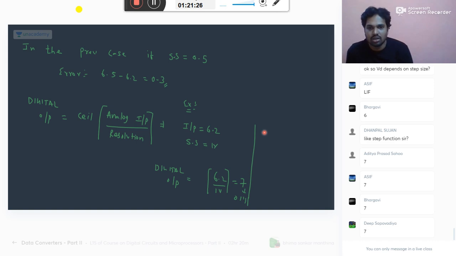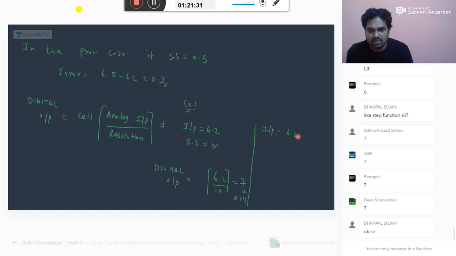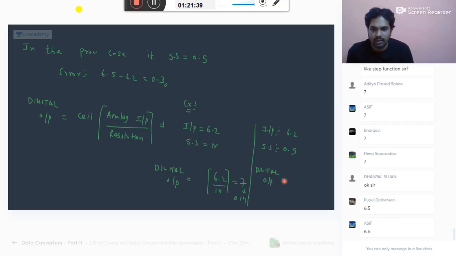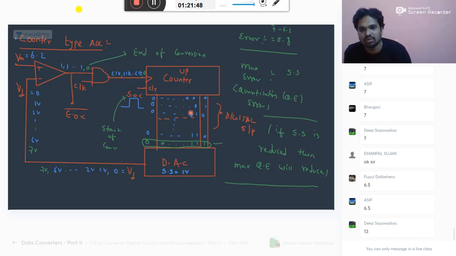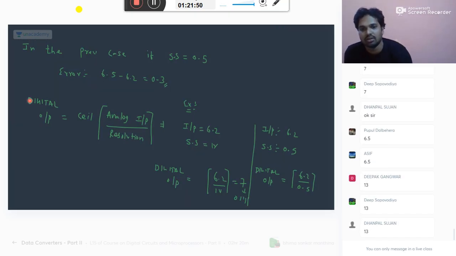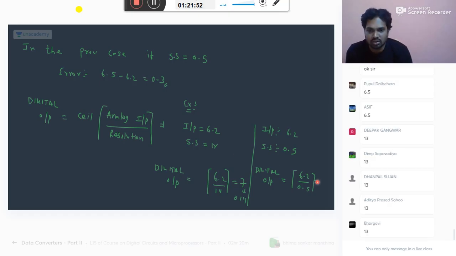Next, your input is equal to 6.2 only, step size is equal to 0.5. Then what is the digital output? It is the ceiling function of 6.2 by 0.5. I asked digital output, not DAC output. Digital output is this. So it is the ceiling function of 12.4.